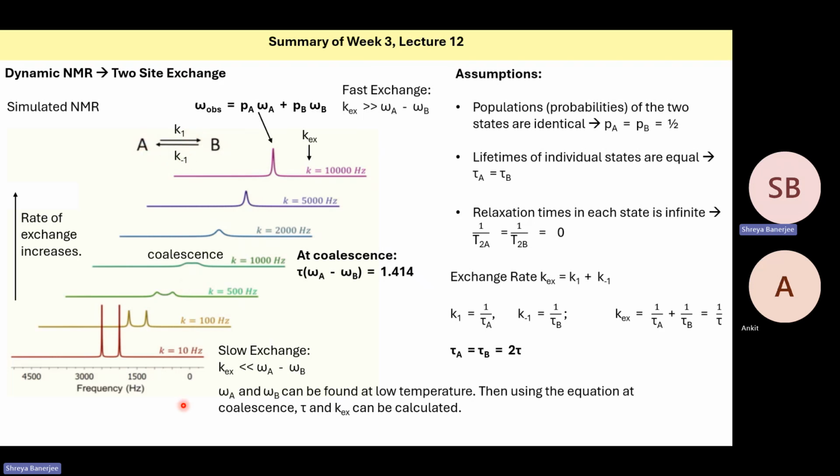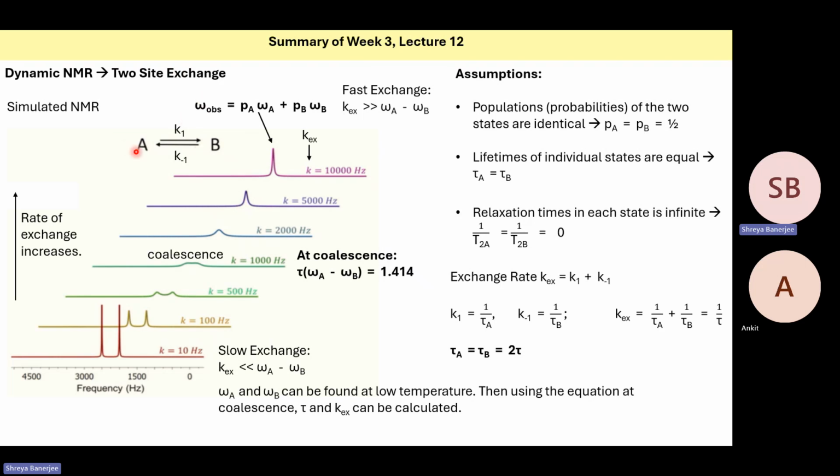Now if this rate is very slow, you will be able to see two distinct signals, one for A and one for B. But as the rate of exchange is increasing, the signals will slowly merge or coalesce till only one signal is seen.